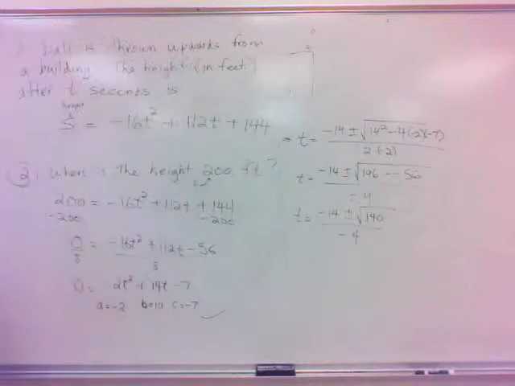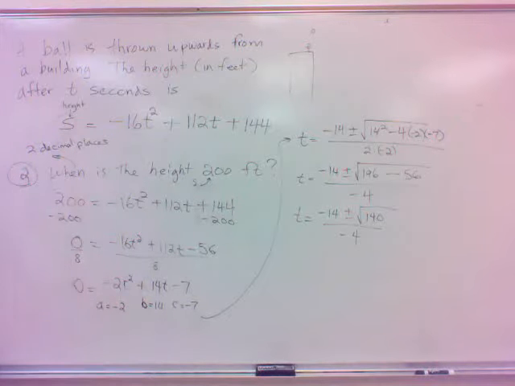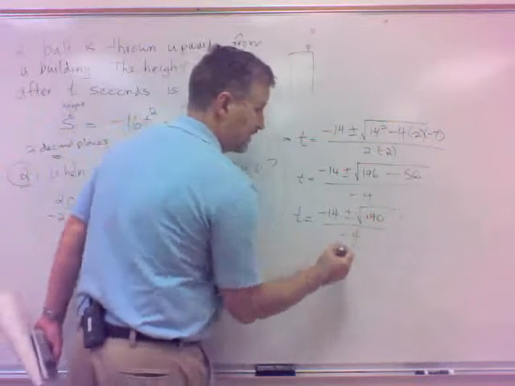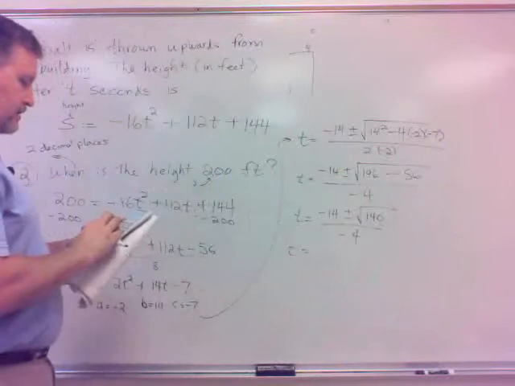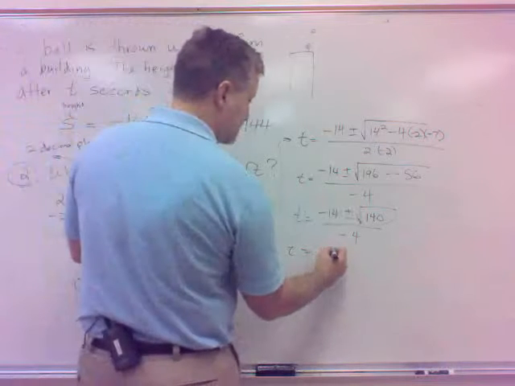Same instructions here, though. Let's go 2 decimal places. It'll say that in our instruction. I just keep forgetting to write that. 2 decimal places, so what would be next? Let's round that square root off. Square root of 140, 11.83.